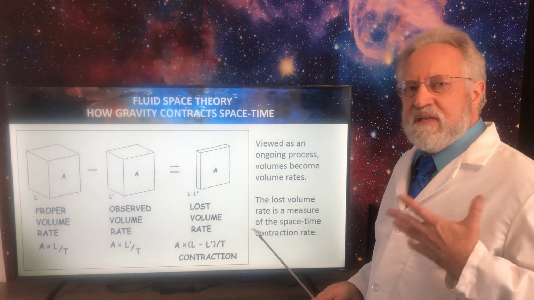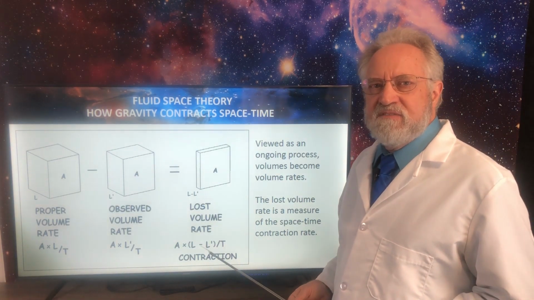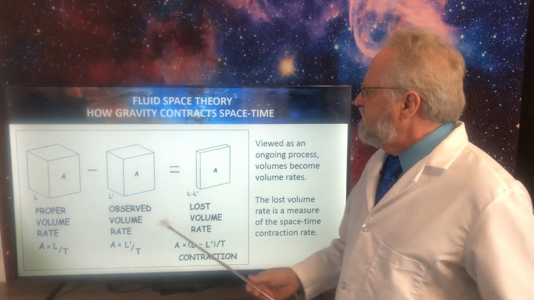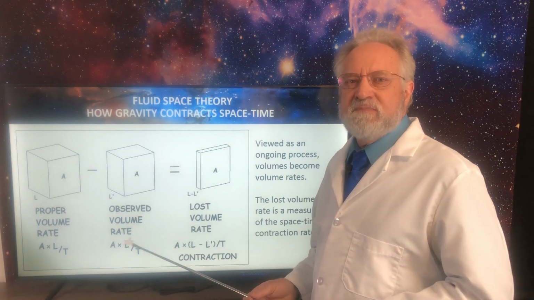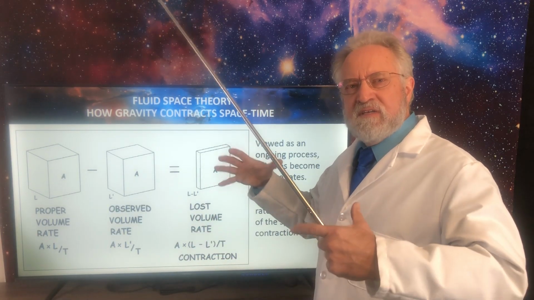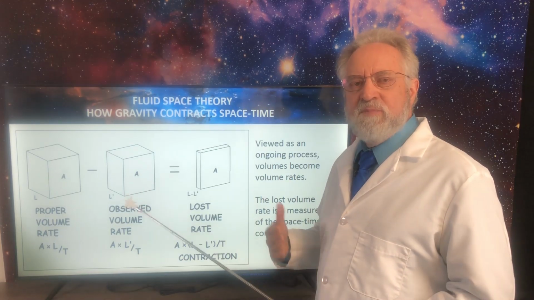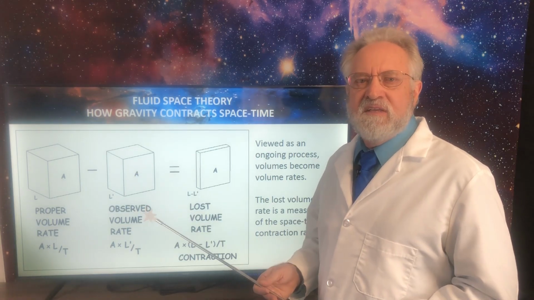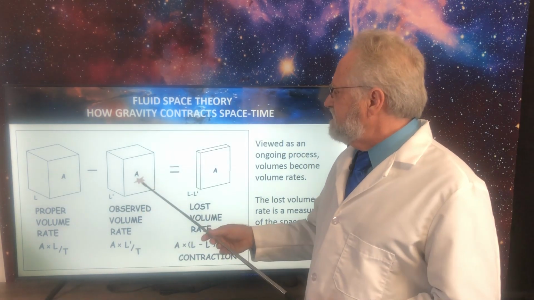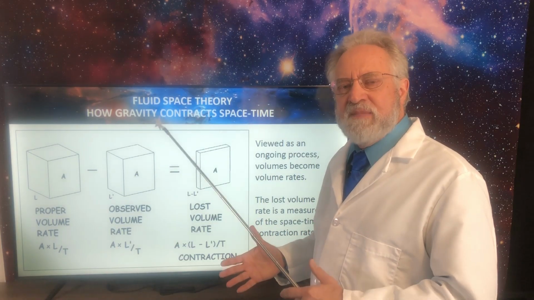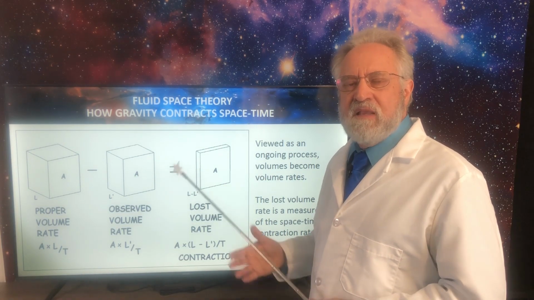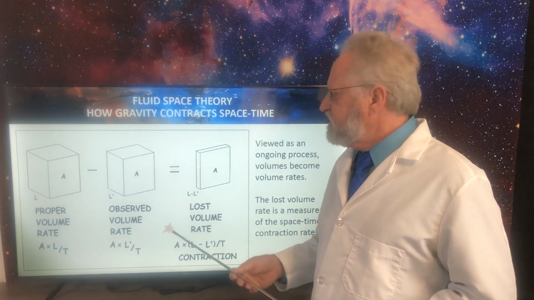So how you calculate the contraction field in fluid space theory is you start with the proper flow. Full uncontracted volume is flowing through a spherical surface, but it's flowing at escape velocity. So you apply the Lorentz transformation for that velocity, and you can calculate the amount of length contraction. And that's what I would call the observed flow.